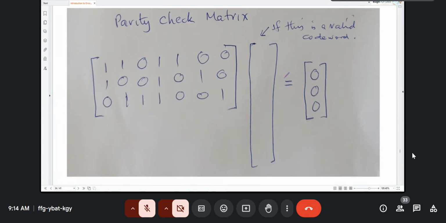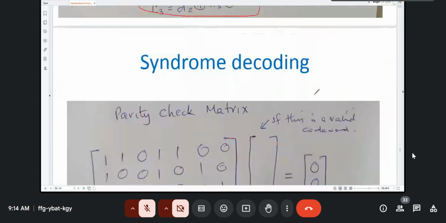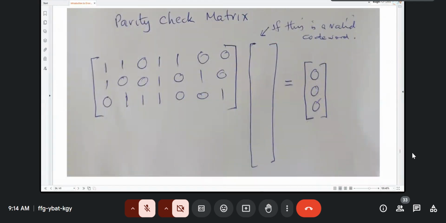Only this one will be a row vector and this will be a column vector. And we are more interested in the column vector because it has a relationship with this. You see?